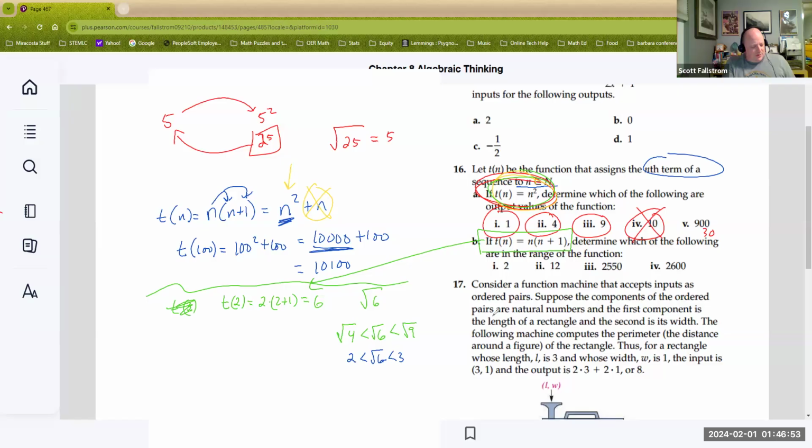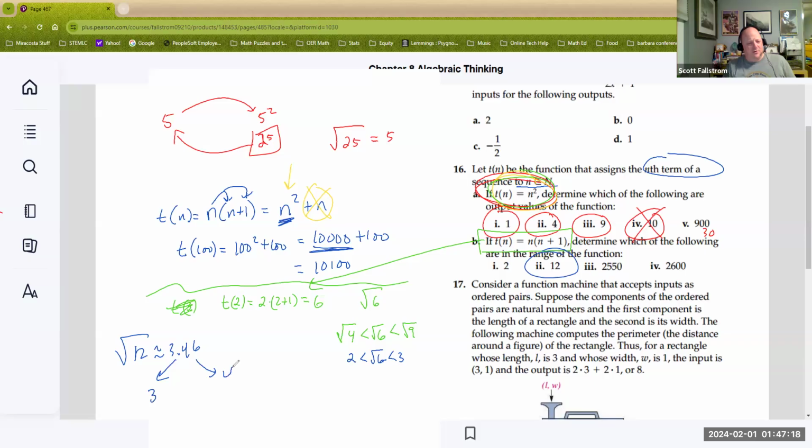So let's take the square root of, what do I want to do? The square root of 12. Okay, so the square root of 12 is approximately 3.46. I can say, hey, wait a minute, why don't I go down and up?